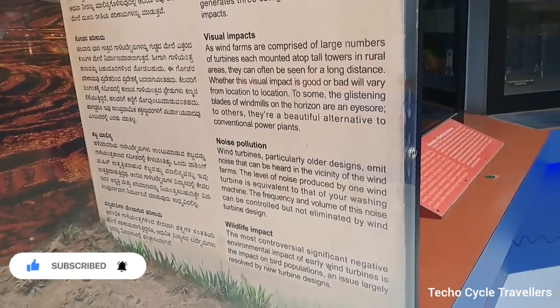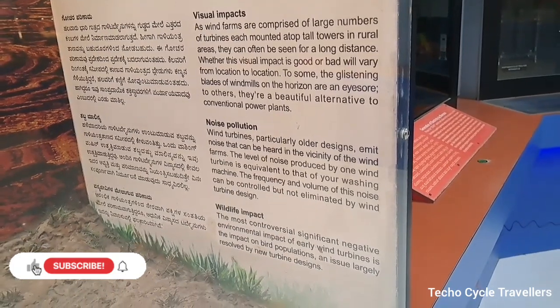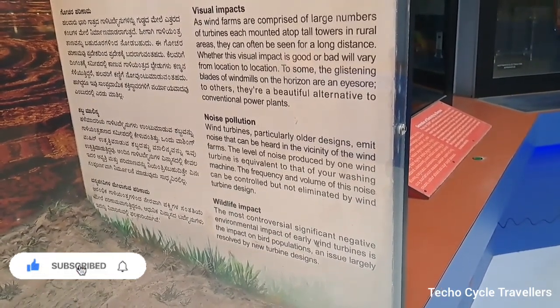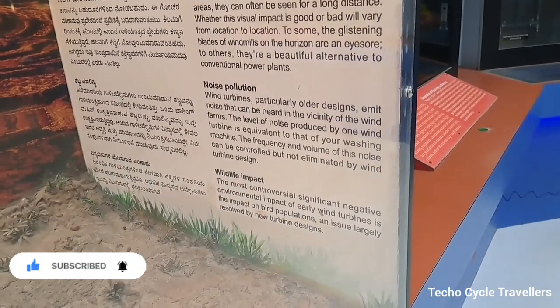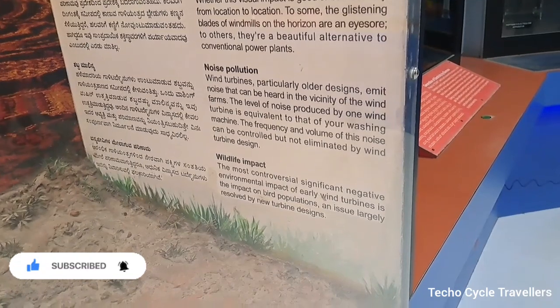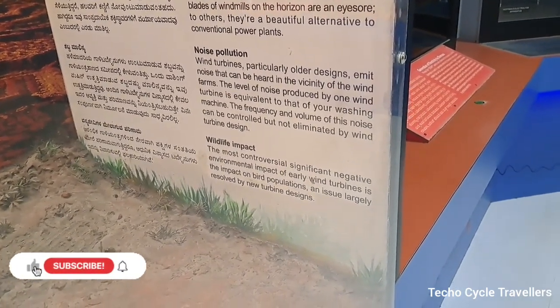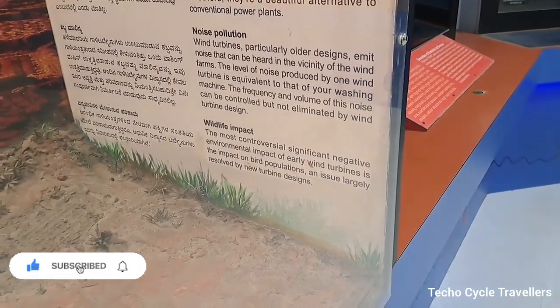Wind turbines, particularly older designs, emit noise that can be heard in the vicinity of the wind farms. The level of noise produced by one wind turbine is equivalent to that of your washing machine. The frequency and volume of this noise can be controlled but not eliminated by wind turbine design.